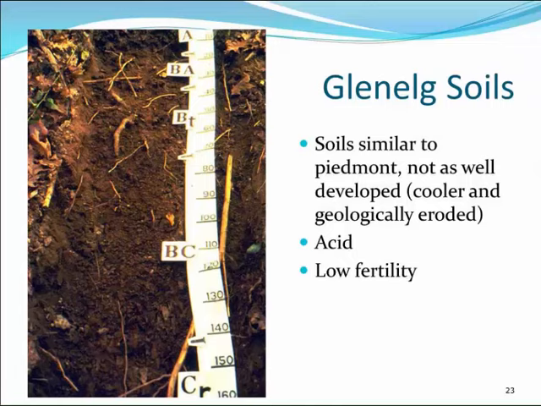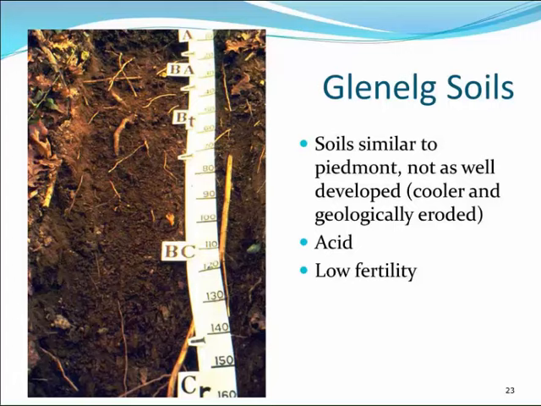Moving down the side slopes, then we get to the Glenelg soil series. This is a soil that is fairly red. It's usually a deep soil and has a moderately high water holding capacity. It's very acid and low fertility. That's its drawbacks.